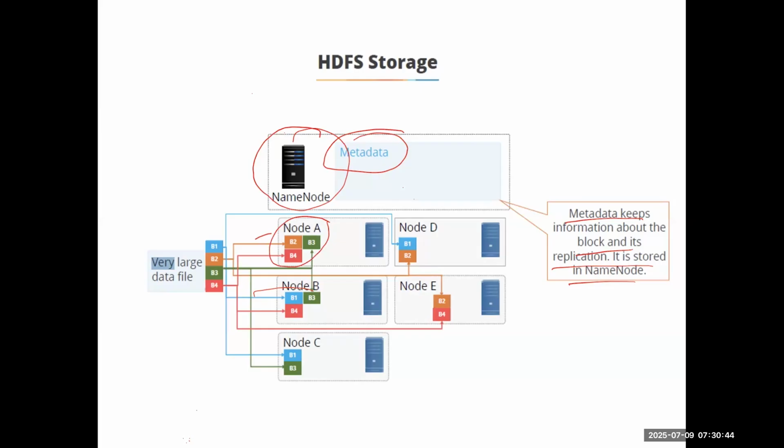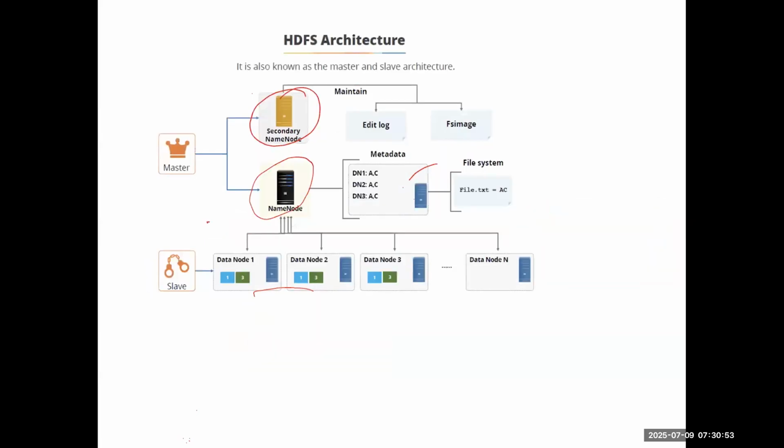But if the name node goes down, you will lose everything. That's why we have a secondary name node. In case of recovery, if something happens to the name node, we recover using the secondary name node, which keeps all the information of the name node.